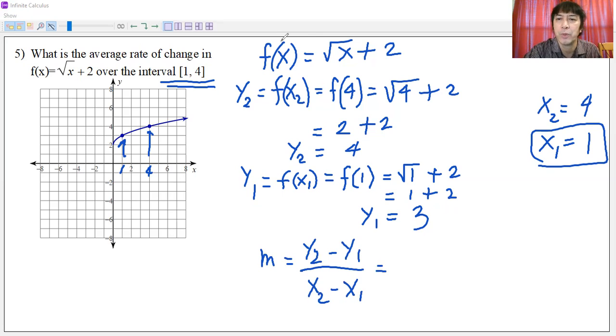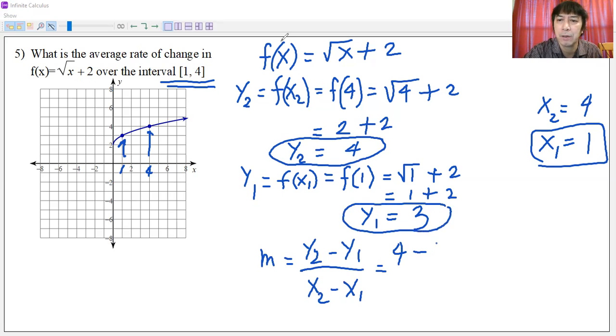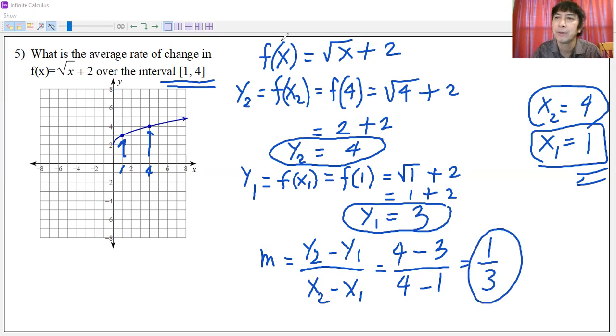That means y2 minus y1, divided by x2 minus x1. So x2, that's 4, minus x1. So that will be 1 over 3. It's a 1/3.